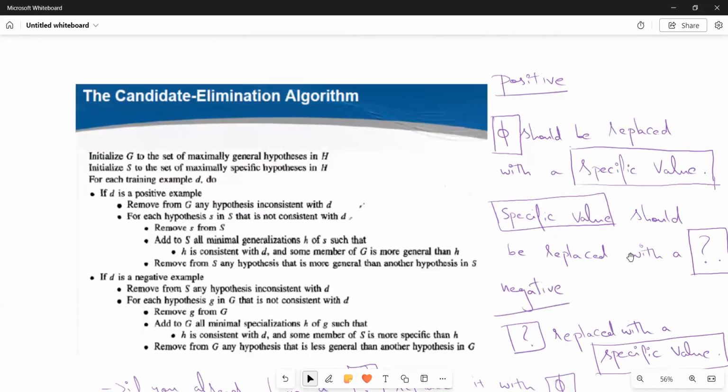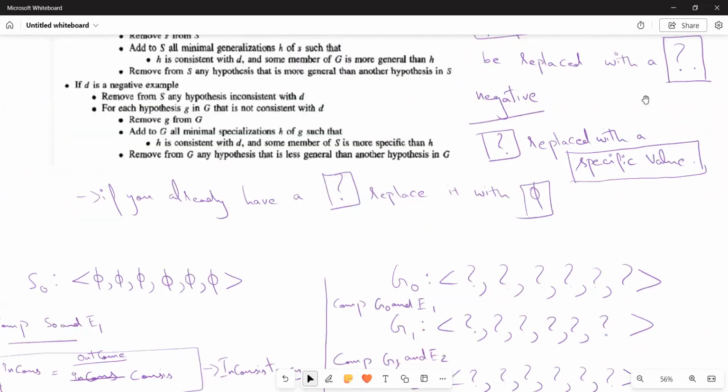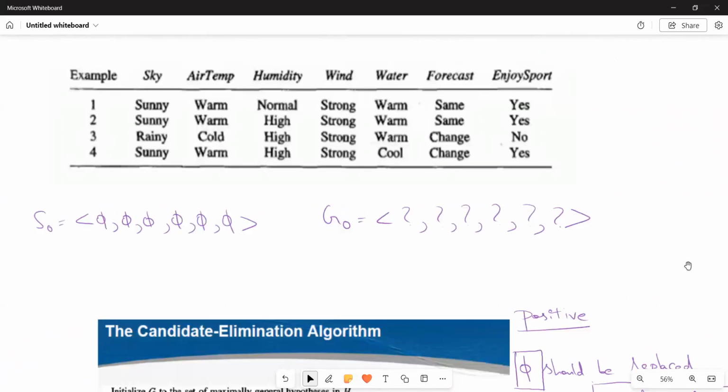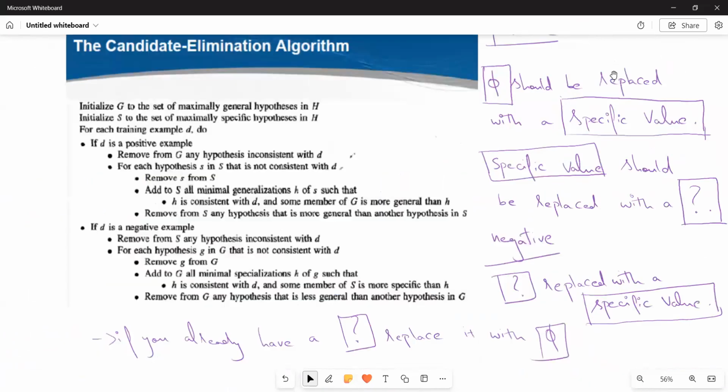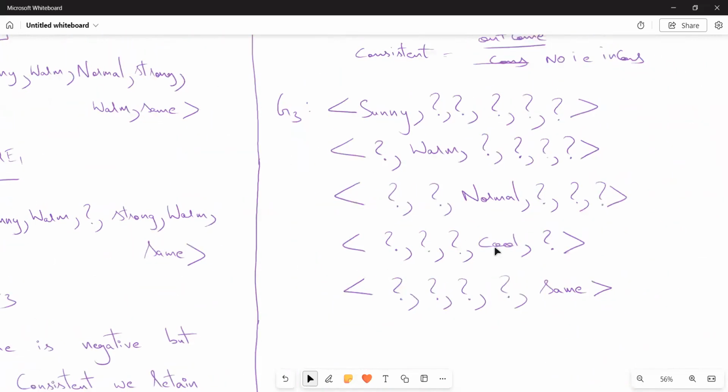So again, inconsistent. And your last one is same. Comparing E1, E2, we have question mark and same here, right? So we are going to remove normal and cool, since they are inconsistent.